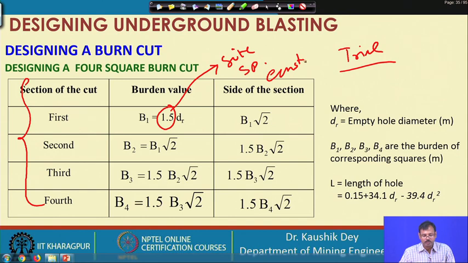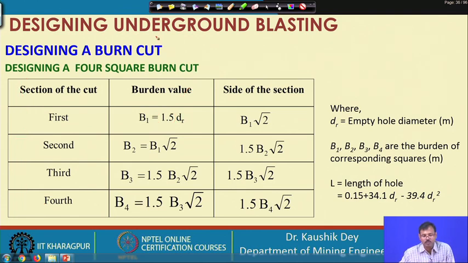So, one must be very careful using this 1.5 as a constant for the first burden value, and from the results observed in the trial blasting, these considerations may be changed. Basically, this 1.5 works well for hard rock conditions.